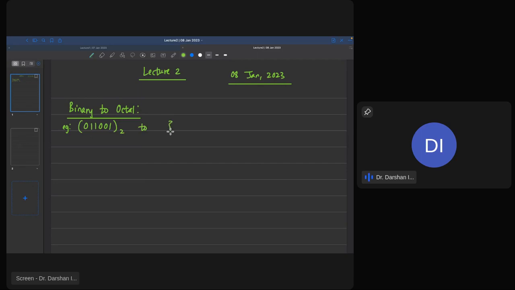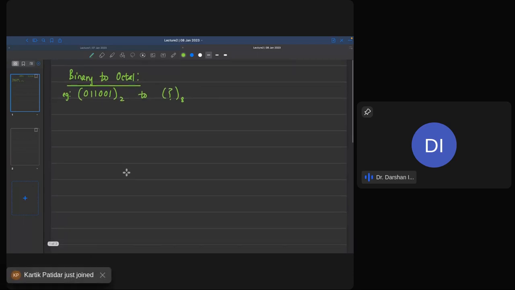You will have to find out the number to the base 8. That is going to be very simple. The easiest way you can do it is 011001, and you are going to do groupings in digits of 3. So you have to group in digits of 3.